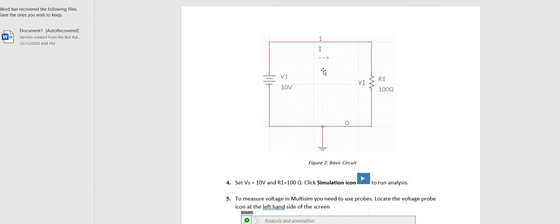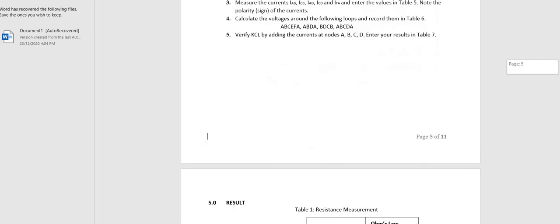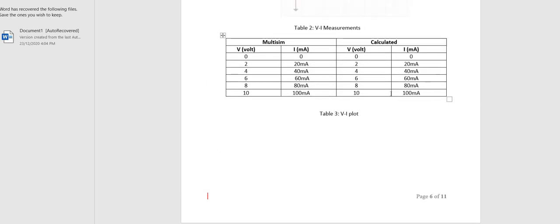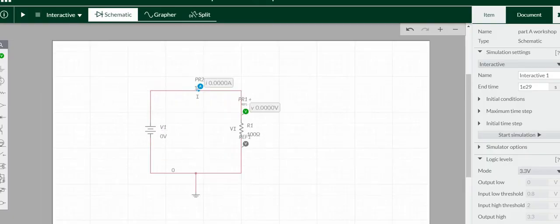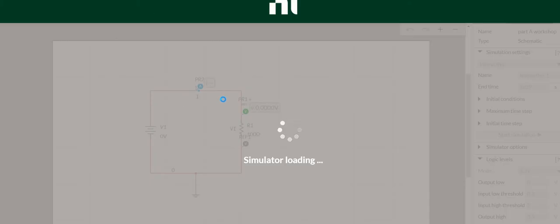Next, I have to construct this circuit using Multisim Live according to the table. Through the table, we must measure the current using different voltages on the circuit. Starting from 0 volt, I run it to get the answer.